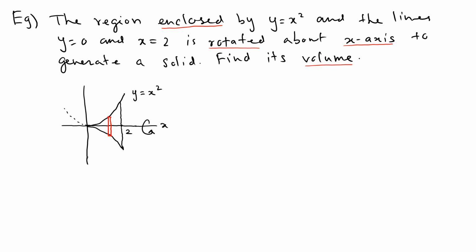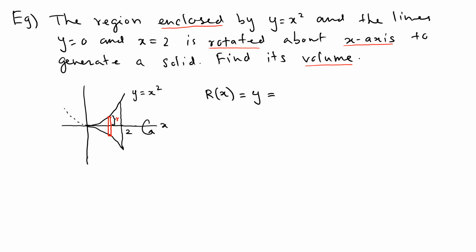So this is the radius. In this case, you can see that the radius is simply the y coordinate. I'm going to call it r. Its radius is a function of x, and it is simply the y coordinate in this case.